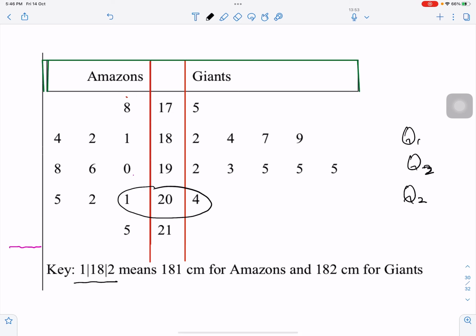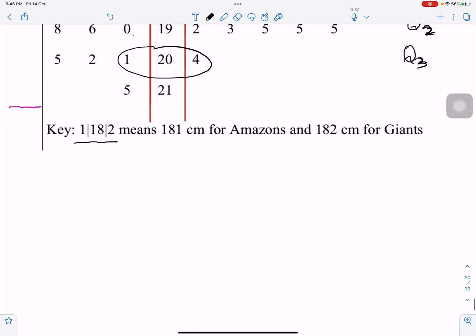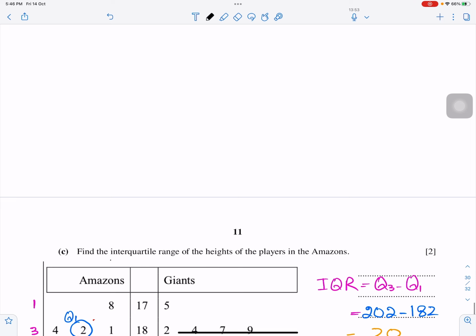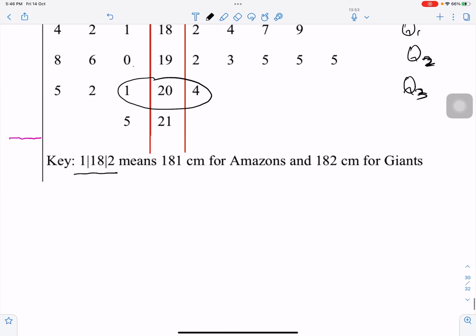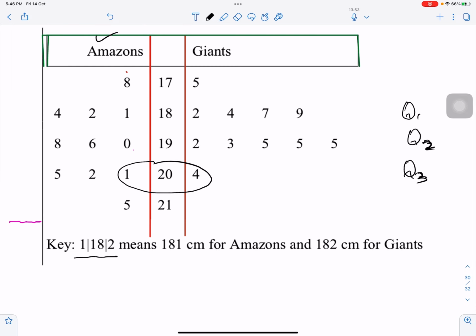Sorry, this is the median and this is the upper quartile, right? Because the question asks for the interquartile range of the Amazon players, we will only look at this side of the data.